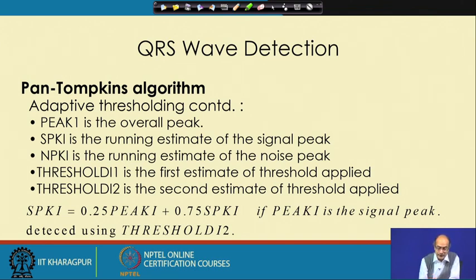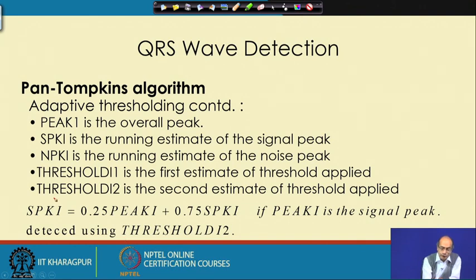If we miss a signal or a peak by threshold 1, that means a time has passed and we could not get any peak above threshold 1, then we fall back on threshold 2 and try to find out whether we can get any peak.